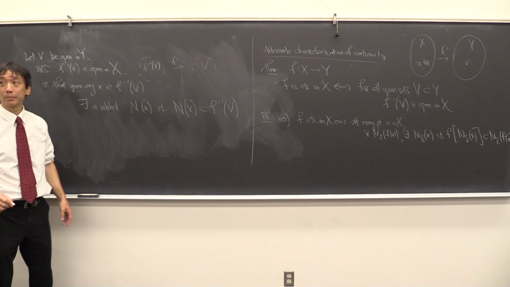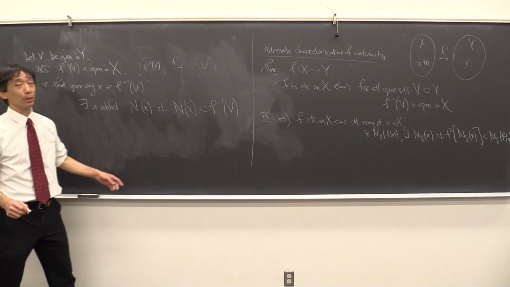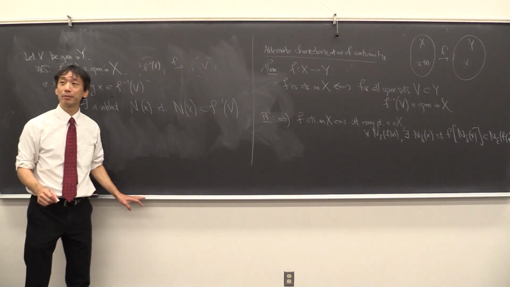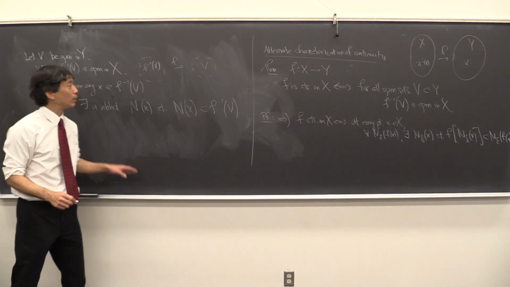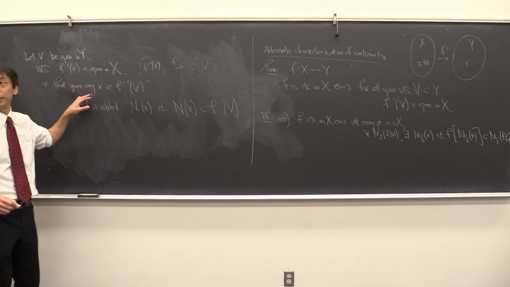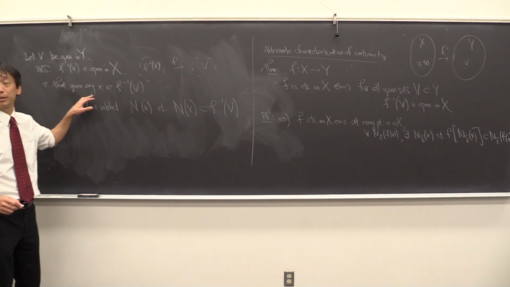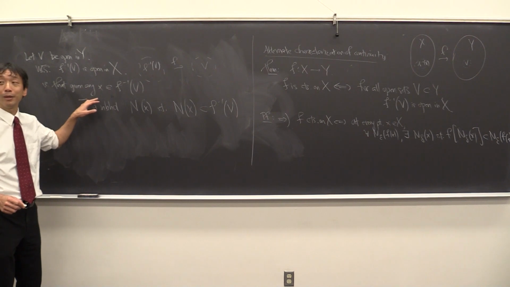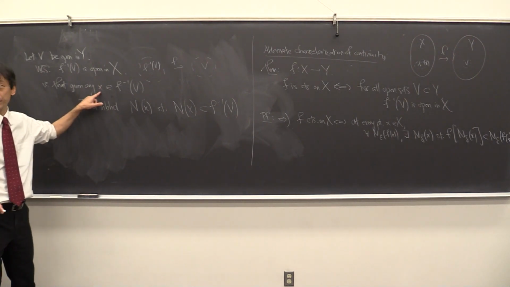It's an open set. What's an open set? It has all interior points. Interior points guarantee there's a neighborhood that contains all elements. Sorry, so we're trying to show that x is an interior point.